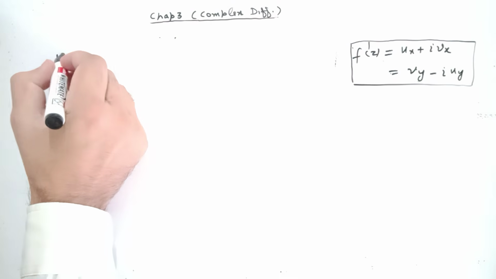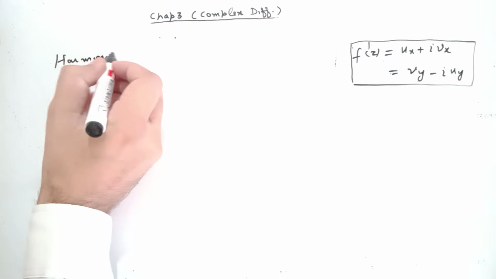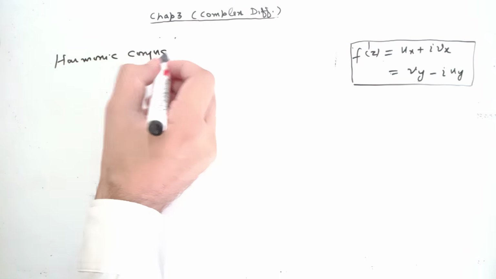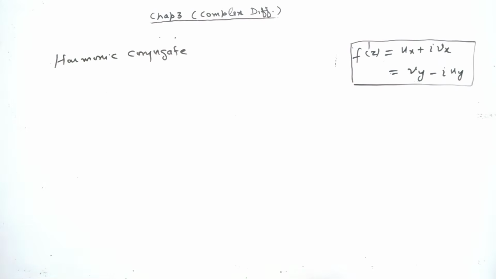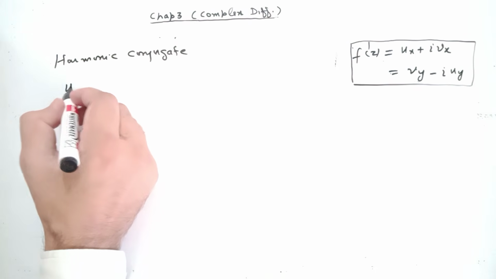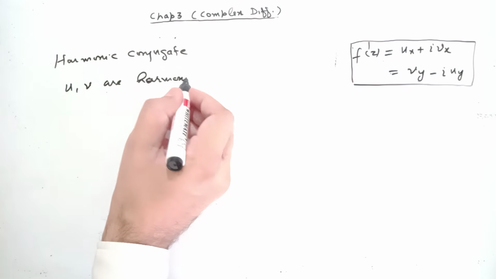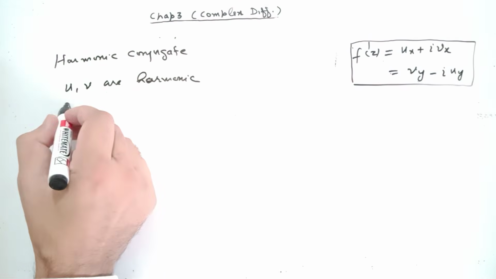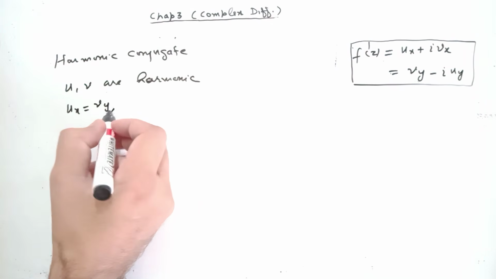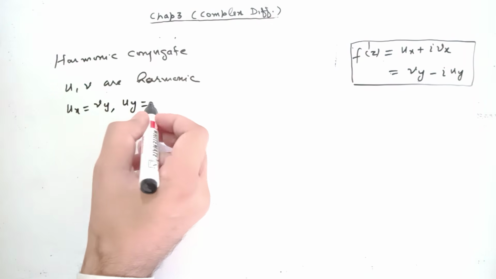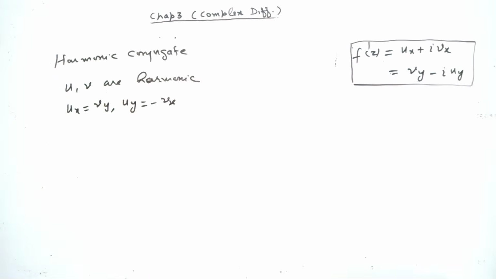Next is harmonic conjugate, another definition. What is harmonic conjugate? If two real valued functions u(x,y) and v(x,y) are harmonic in a domain D, and satisfy CR equations u_x equal to v_y, u_y equal to minus v_x, harmonic and satisfy CR equations, then v is known as harmonic conjugate of u.